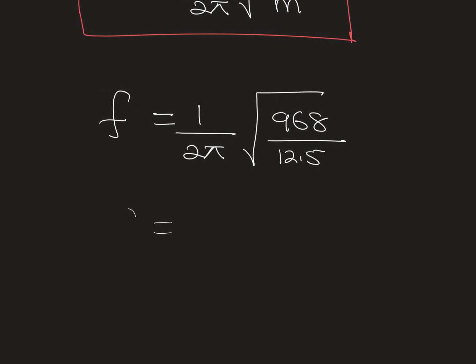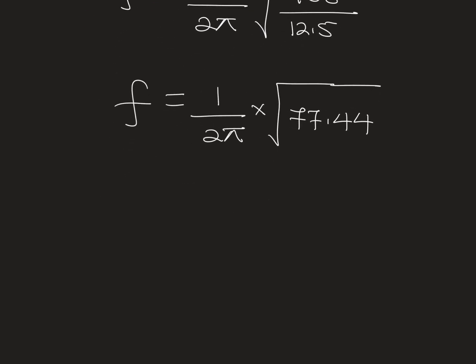So that's going to be 1 all over 2 pi times the square root of 968 divided by 12.5, which is 77.44. So f is equal to 1 all over 2 pi times the square root of 77.44, which is 8.8.